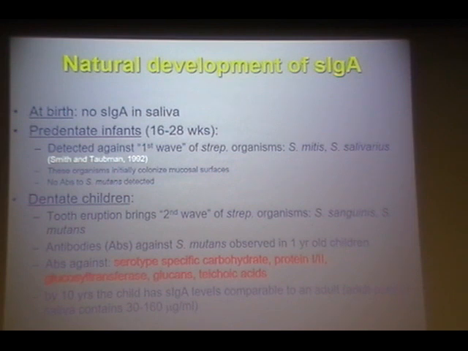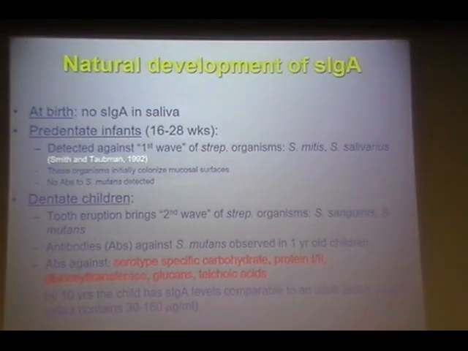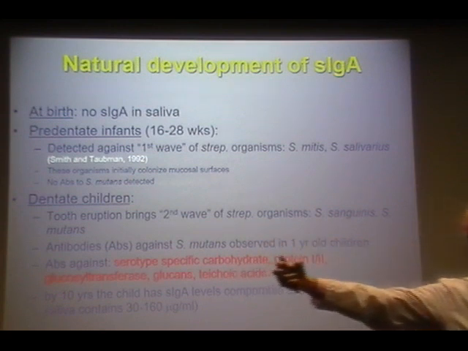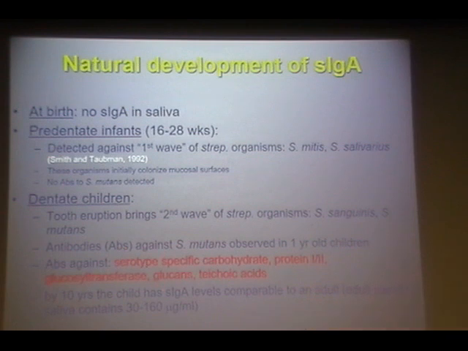That means we got an enzyme here. So glucosyltransferase is an enzyme that will cleave sucrose and make chains of glucose. And those chains of glucose become glucans. That's the sticky stuff on the surface of the organism.